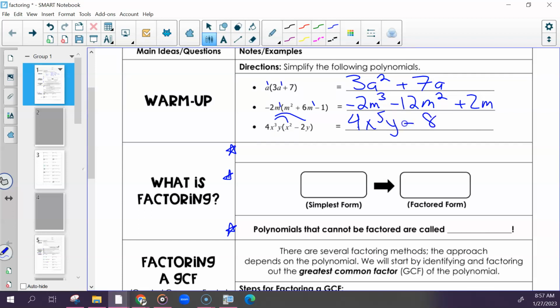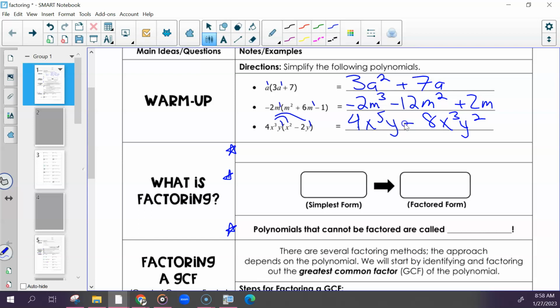We don't have another x, so that's staying the same. Both of these have exponents of 1. What would your new y be? Because this has a 1 and this has a 1. So y.